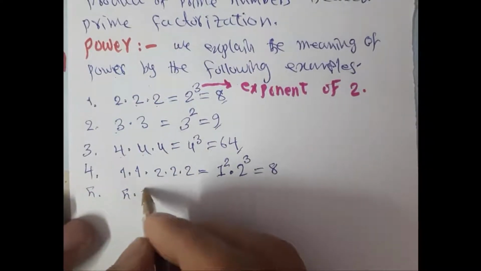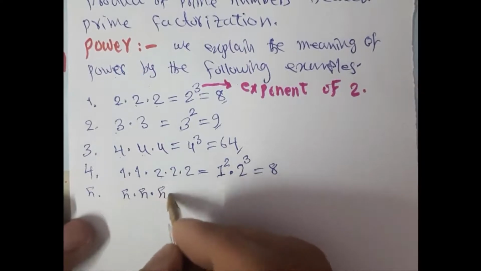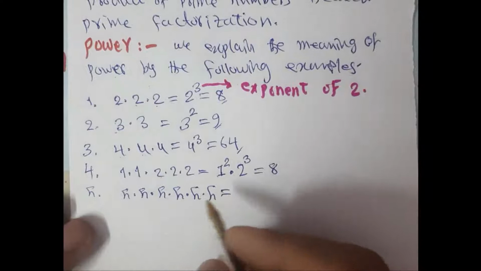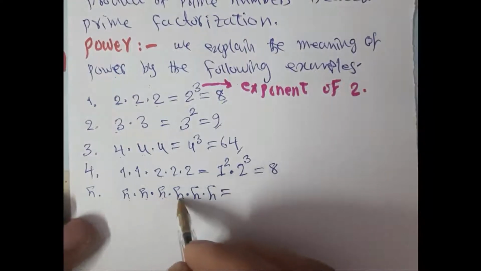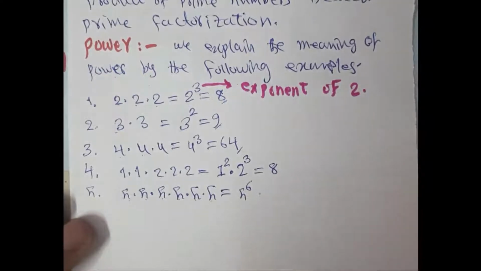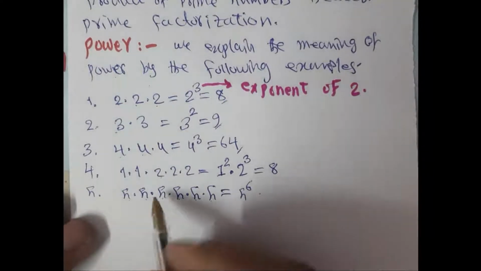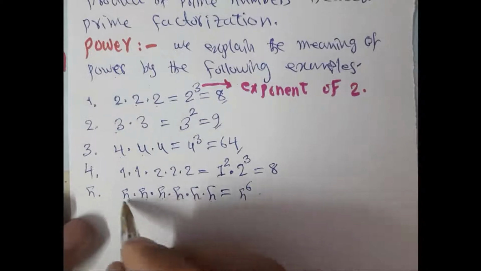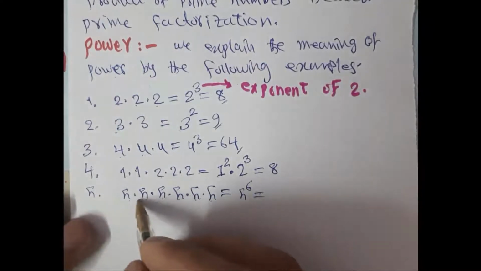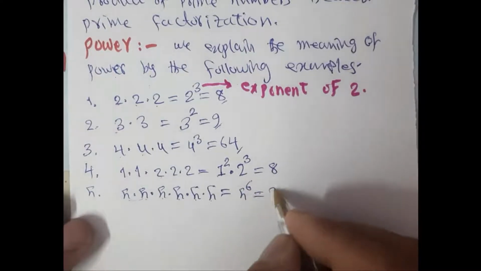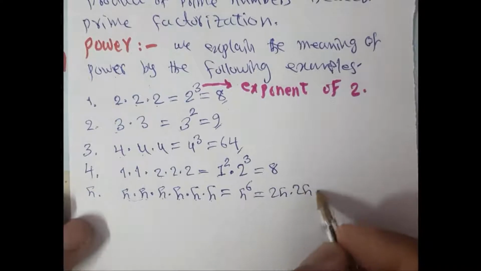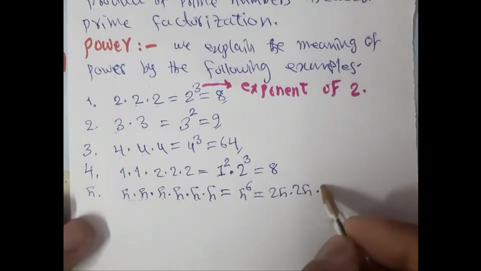Number 5: 5 multiplied by 5, multiplied by 5, multiplied by 5, multiplied by 5, multiplied by 5. How many times? 1, 2, 3, 4, 5, 6. So 5 power 6. When we multiply these fives, we get the result. 5 times 5 is 25, and again 5 times 5 is 25, and 5 times 5 is 25.